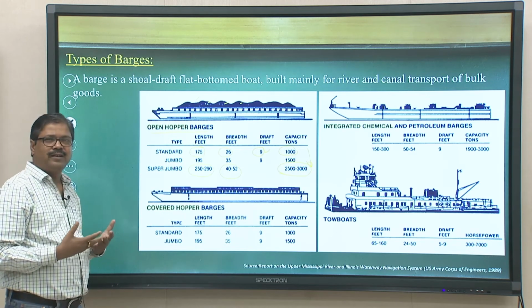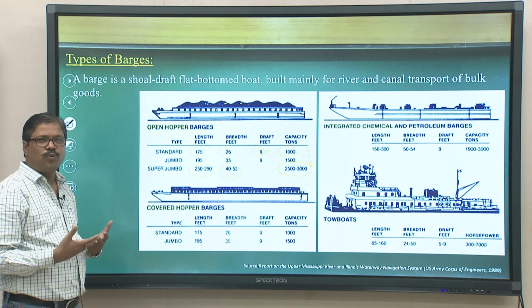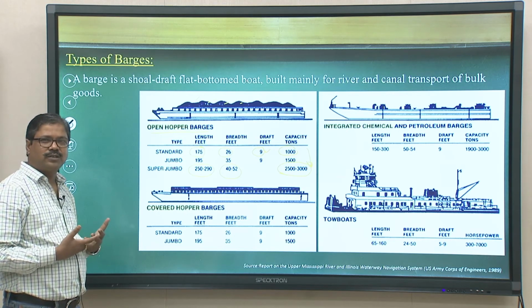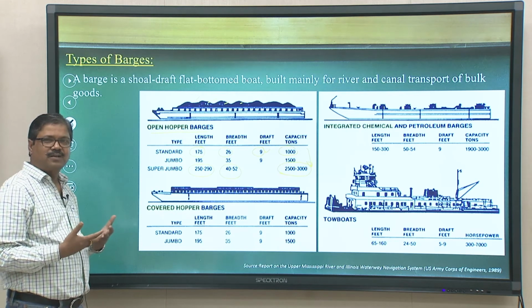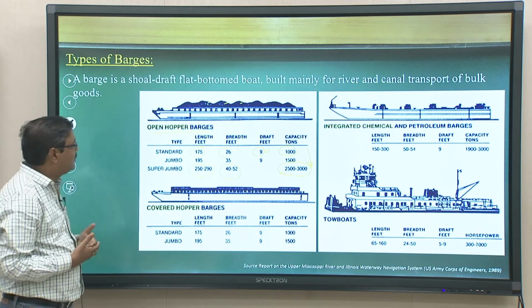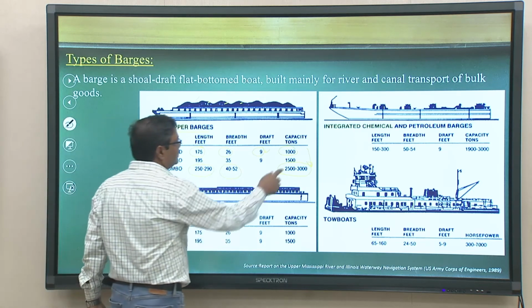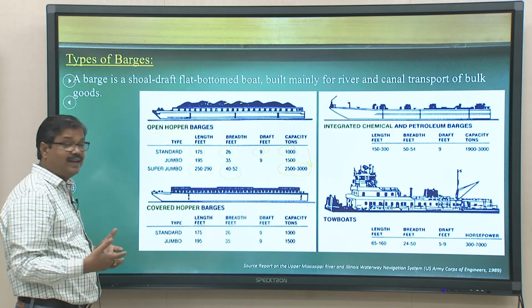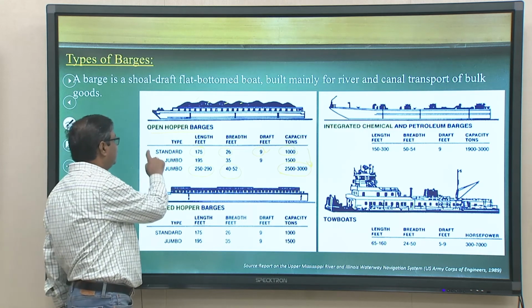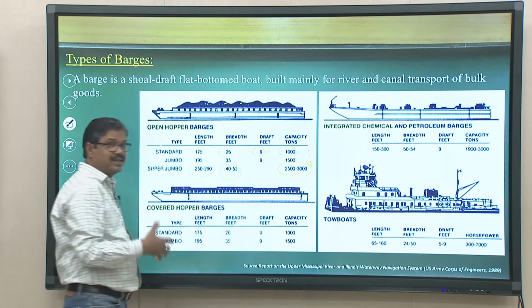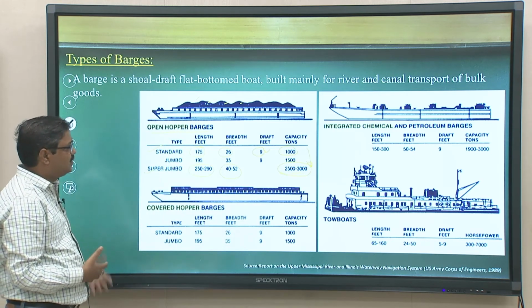And as you know, it is more fuel efficient, with no environmental pollution. Okay. But there are issues. If you look at it that way, you can see the equivalent of how many tons of materials we can carry with a standard or the super jumbo, which will carry as high as 3000 tons.